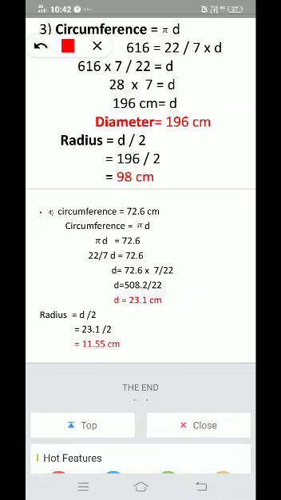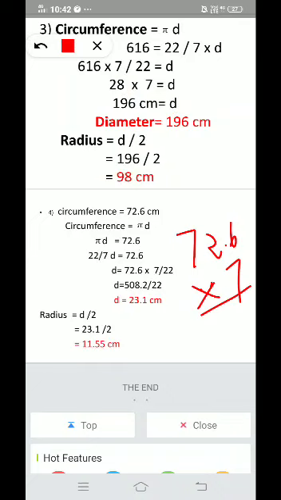22 upon 7 is on the left hand side. When it goes to the right hand side, it will change to 7 upon 22. Okay, now see, 7 upon 22. Here I am multiplying 72.6 multiplied by 7, then you are getting 508.2.